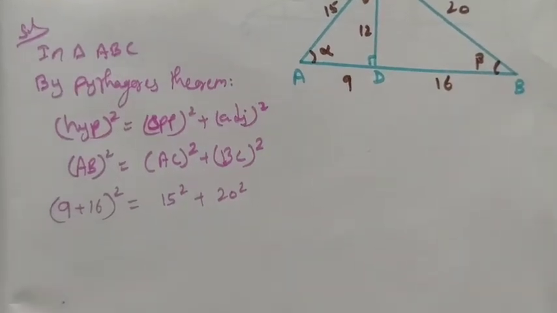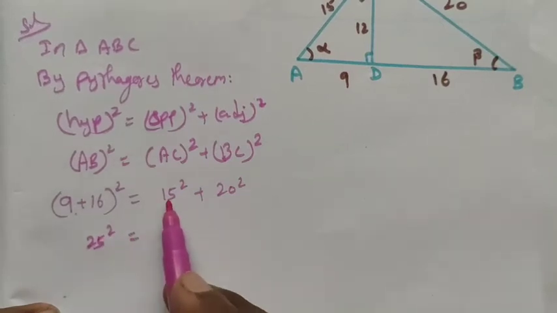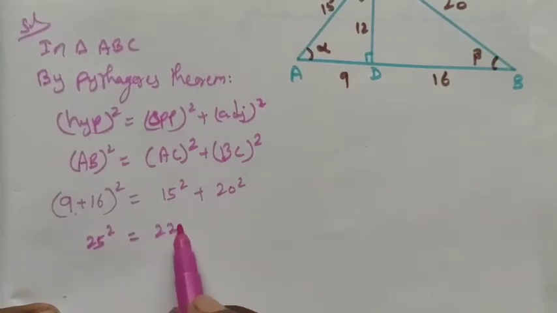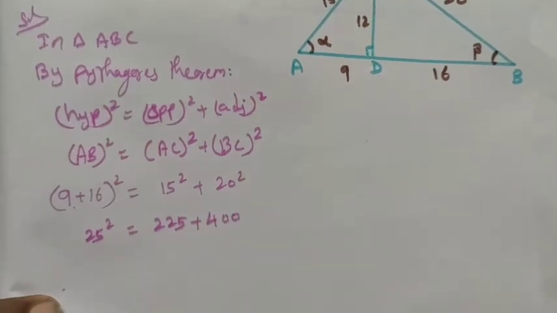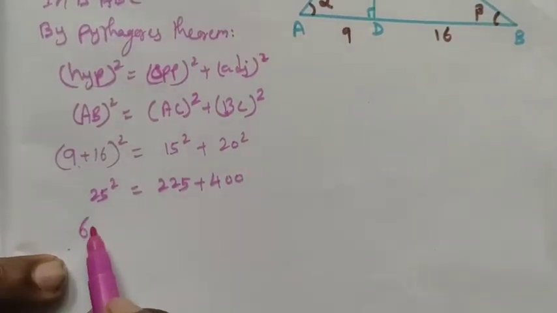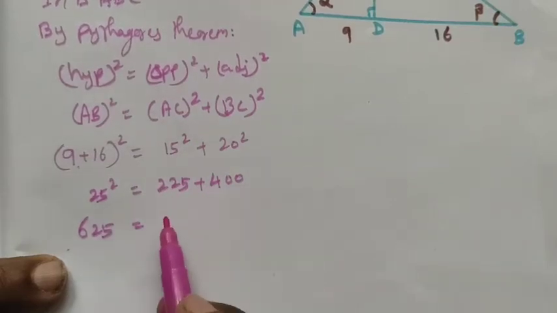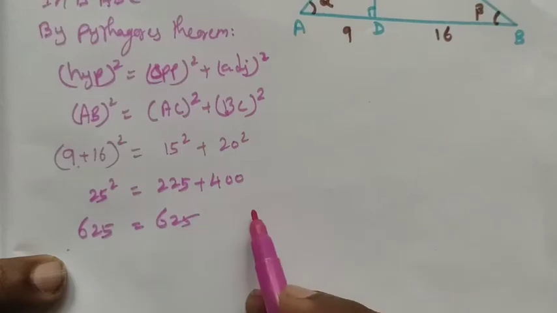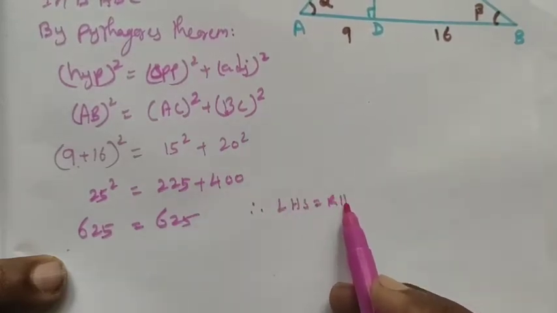Let's see. 9 plus 16 is 25 square. 15 into 15 is 225 plus 20 into 20 is 400. So 25 square is 625, equal to 225 plus 400 which is 625. Therefore LHS is equal to RHS.